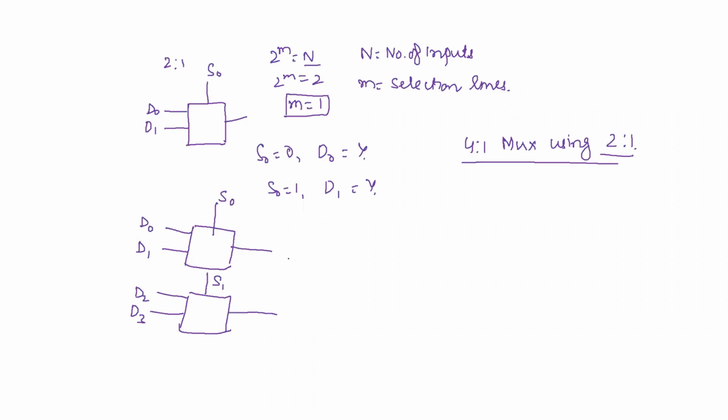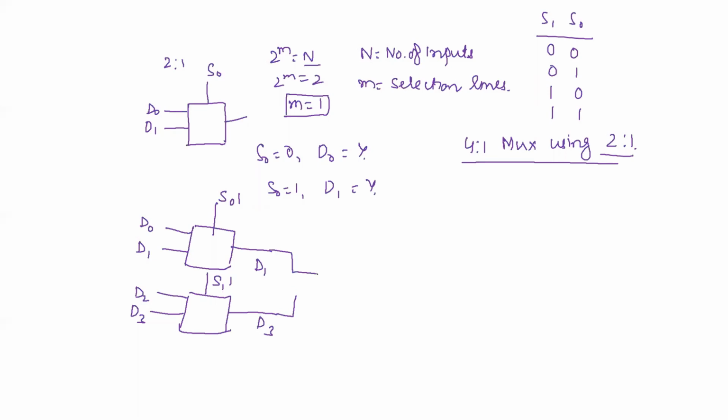Suppose, what are the combinations using S0 and S1? 0 0, 0 1, 1 0 and 1 1. Suppose you will be using 1 1, that means D1 will be selected and D3 will be selected.